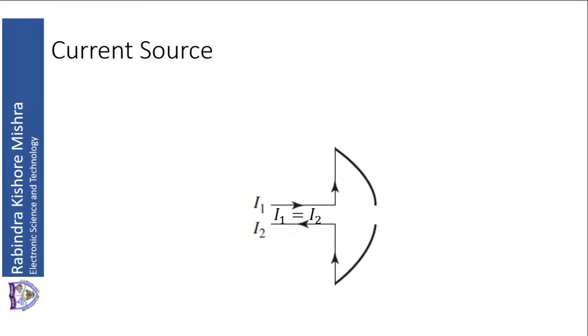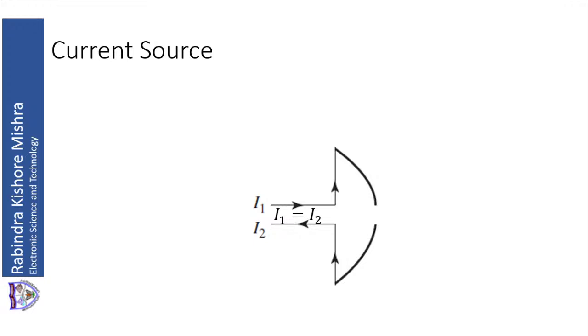So look at this picture. In this picture, we have a wire. You can see the current is I1 in the upper wire, current is I2 in the lower wire. I1 is folded upward, I2 or the lower wire is folded downward. I1 is coming from left to right, I2 is going from right to left.